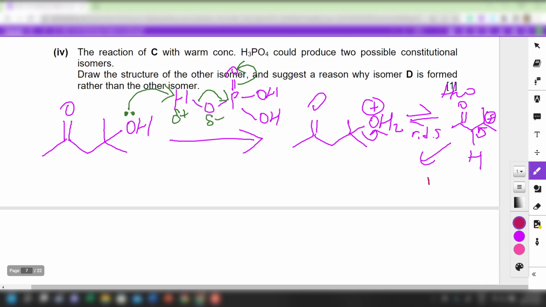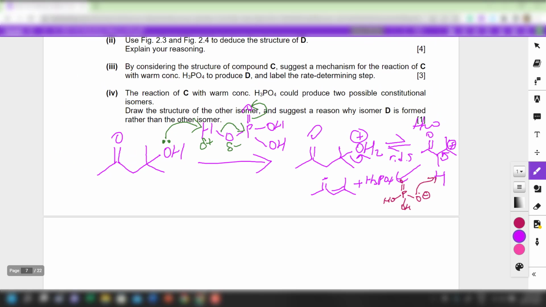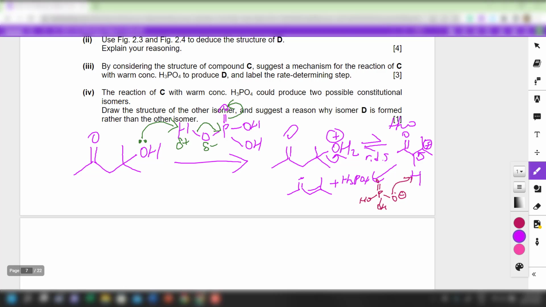So I can just put P=O, OH, OH, O minus, and let it grab the H here, and eventually I'm just going to get the alpha beta unsaturated carbonyl plus H3PO4. So that's how I will illustrate the mechanism leading to D from C using concentrated phosphoric acid as the dehydrating agent.